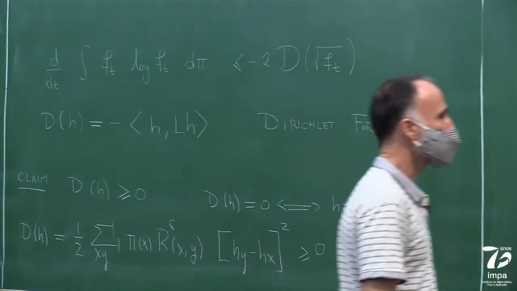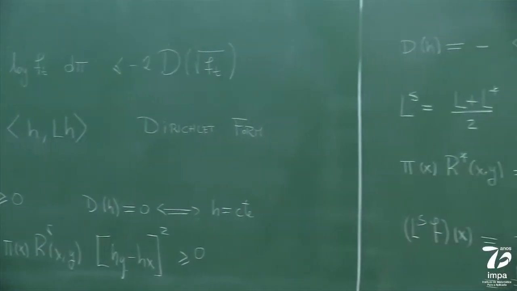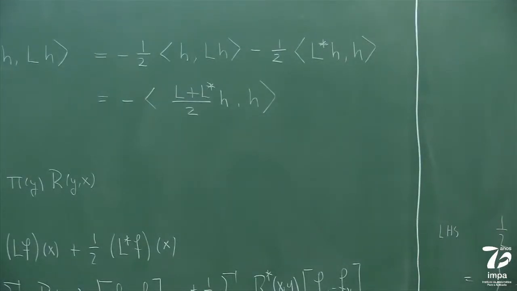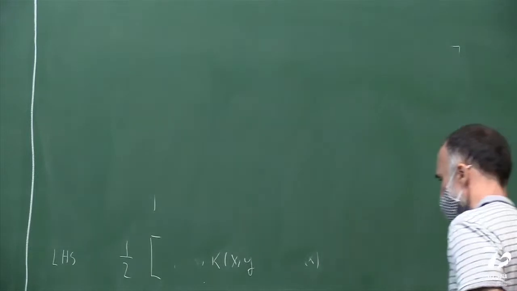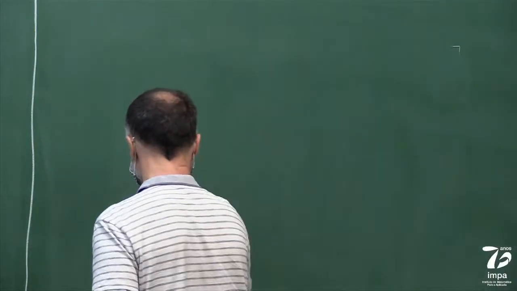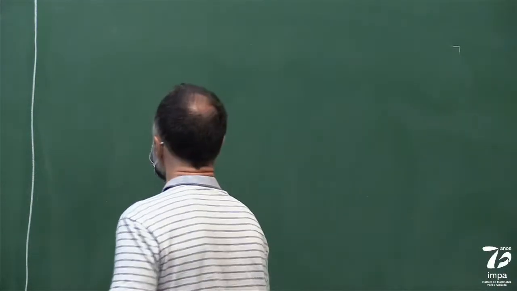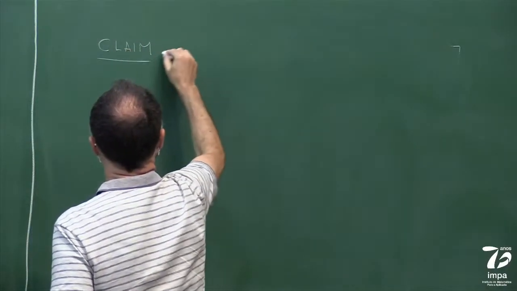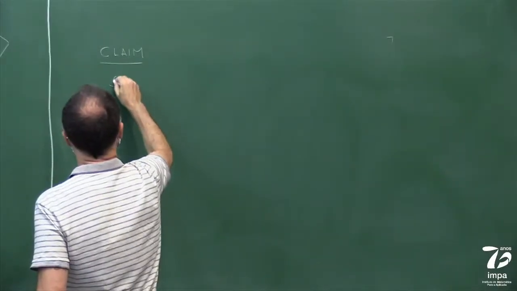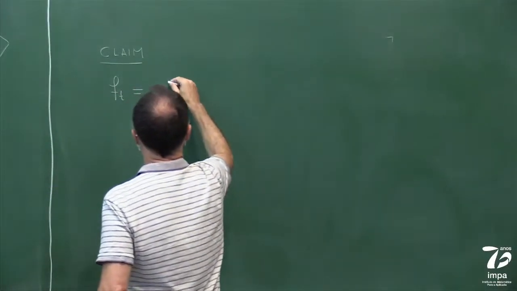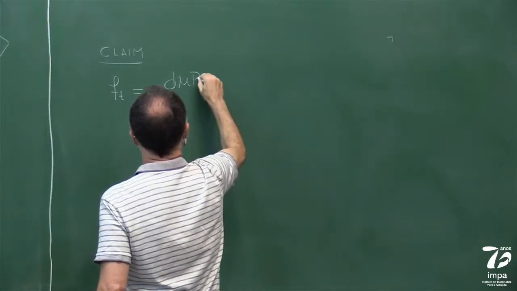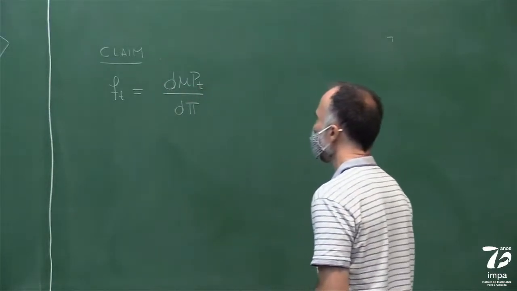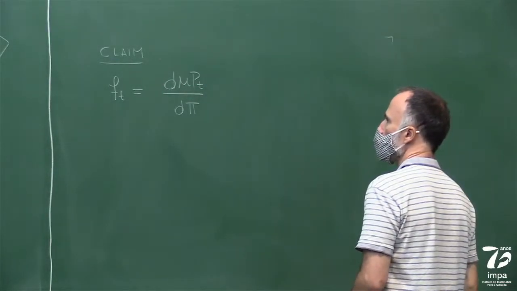Right? So what was the claim? So what we proved, let me remind you, is that, let me call f t the Radon-Nikodym derivative of mu p t with respect to a stationary state pi.